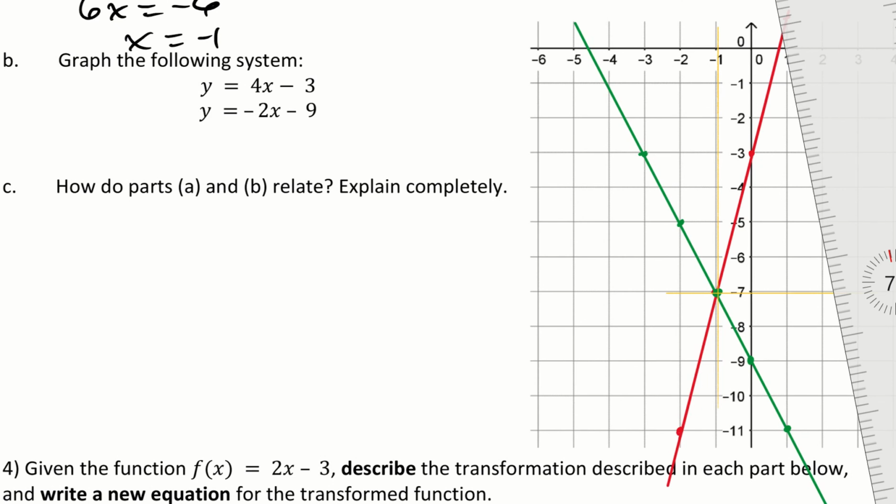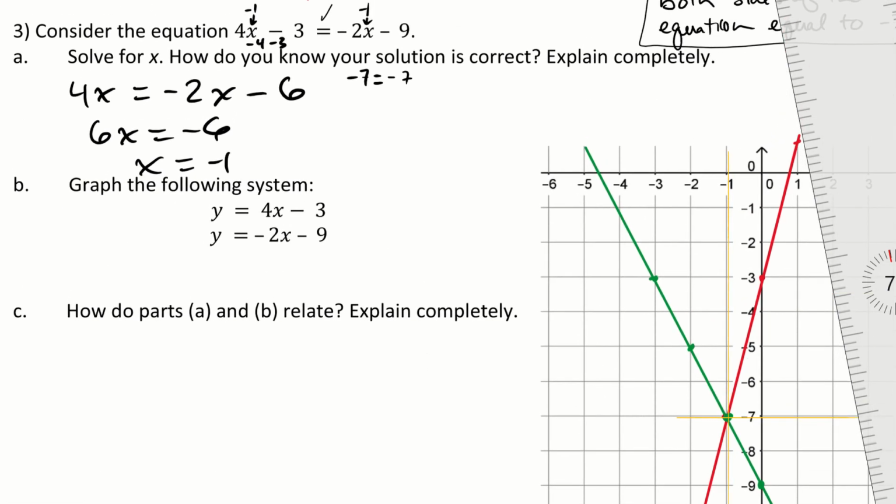Now, part C says, how do parts A and B relate? Well, at this point it seems kind of obvious, but let's go ahead and take a stab at it, right? So in the first case, we're just solving a system of equations, right? We're solving just an equation. In the second case, it's like we're taking the left-hand side and the right-hand side and making them their own functions, right?